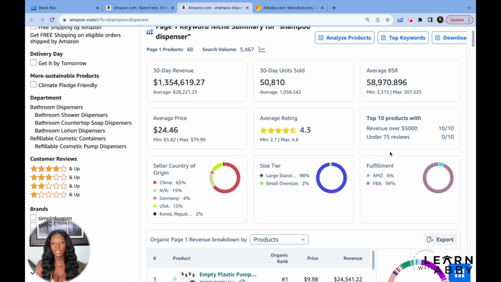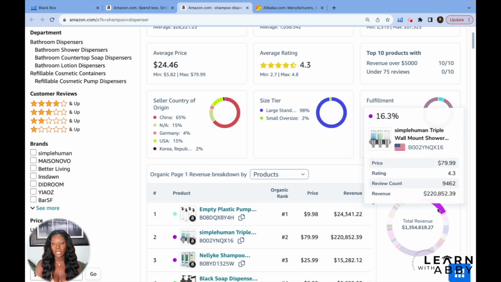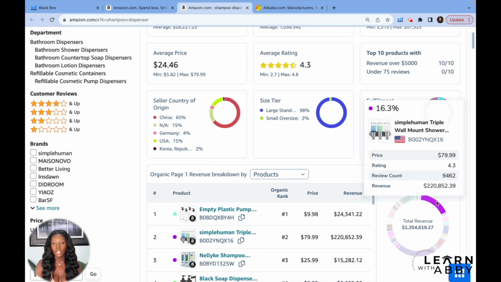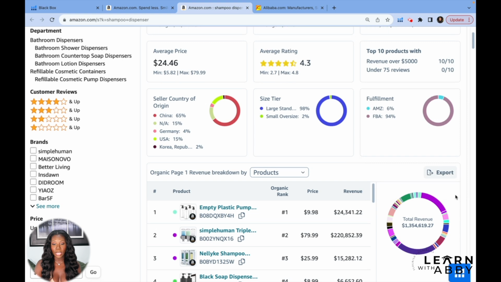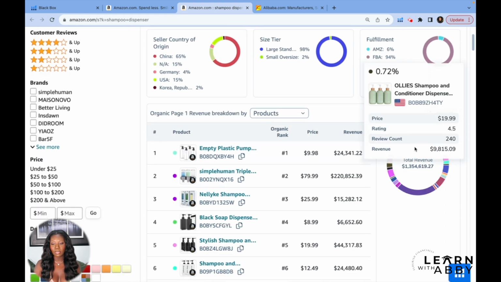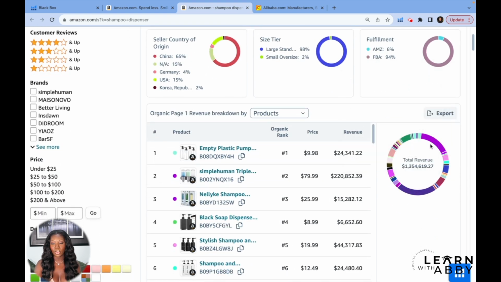If the 30-day revenue is 1.3 million, this listing is doing 221,000 of that, so they're one of the top sellers. One other is doing better, with a 21% share and revenue of 285,000 out of the 1.3 million. I really like this because it gives you a breakdown of who's doing the bigger numbers.